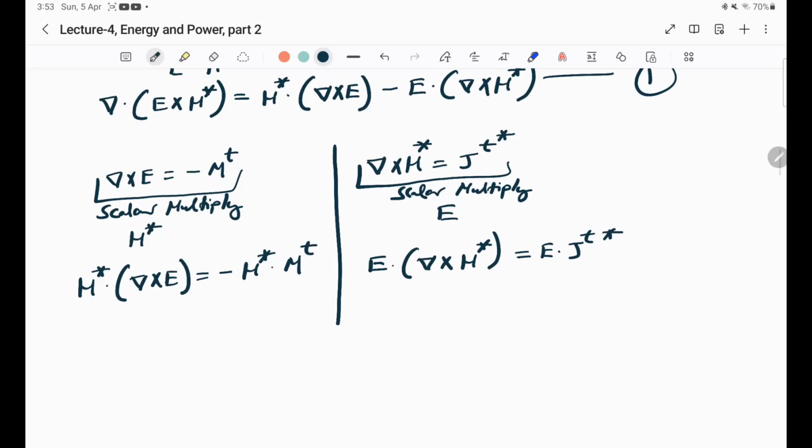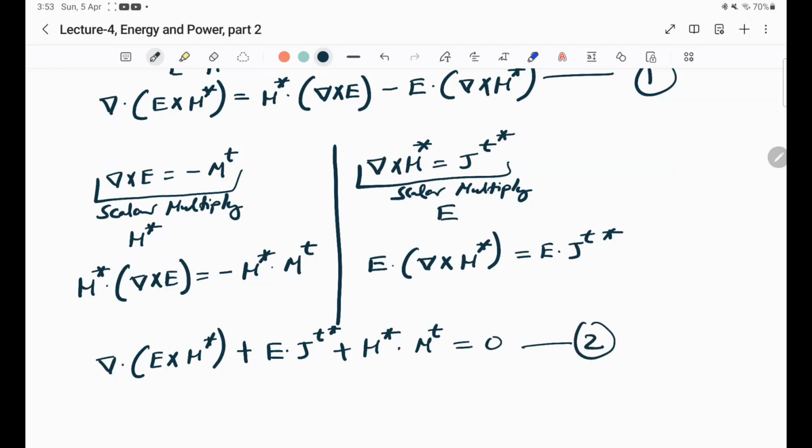Hence our equation 1 will become del dot E cross H conjugate plus E dot J total conjugate plus H conjugate dot M total is equal to 0.